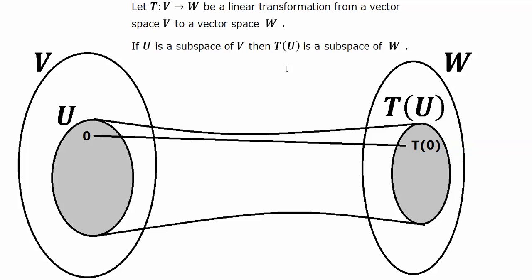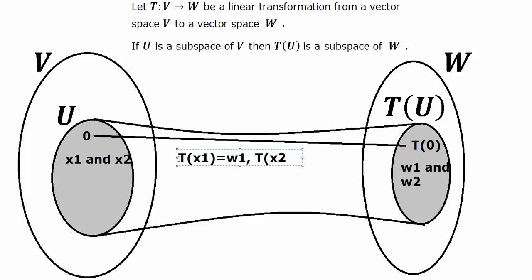Okay, now what we have to show is that if we take two elements, say w1 and w2 in TU, then we will have x1 and x2 in U, such that we have Tx1 equals w1 and Tx2 equals w2.